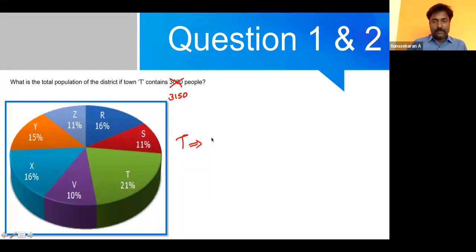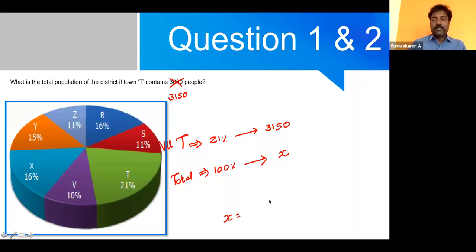Village T, 21% is 3150. Total population, percent, how much?